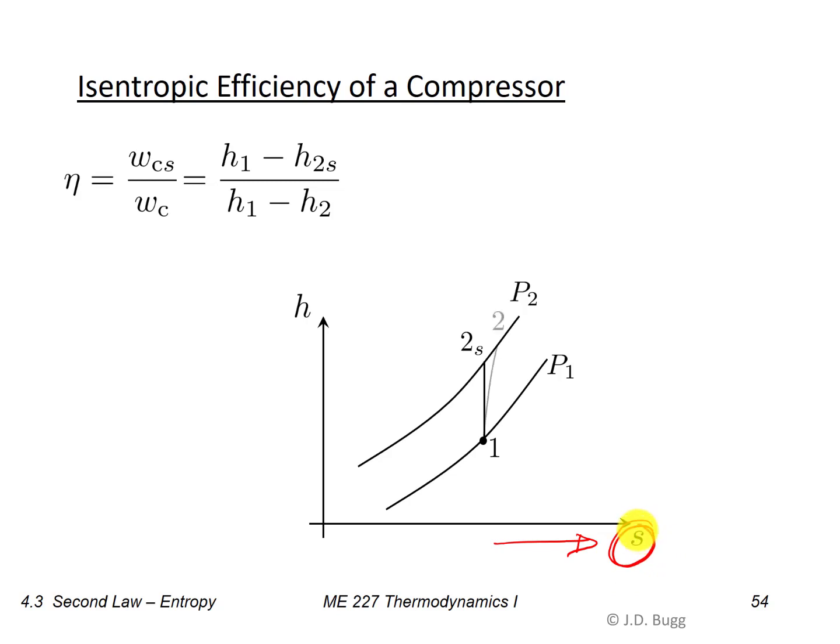So the real compressor would follow a path like this, and it would end up at a value of the enthalpy that is larger than if it had been isentropic. So H1 minus H2 is always going to be bigger than H1 minus H2s because it has to go up farther to get to this final discharge pressure, P2.